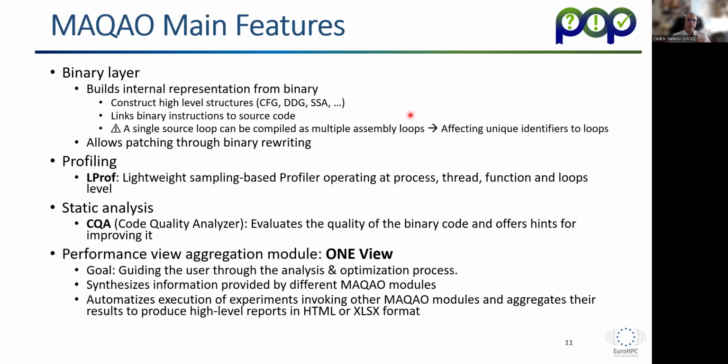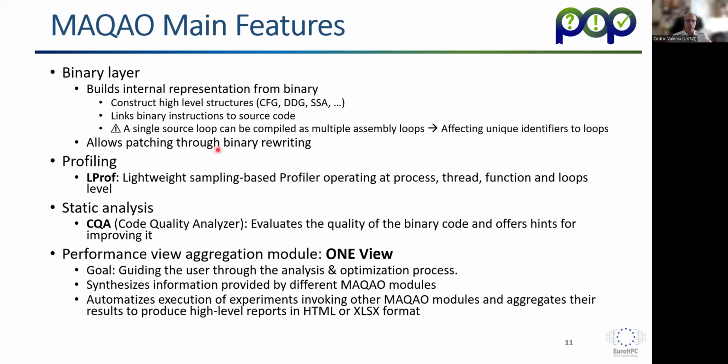One important point you will see in MAQAO reports: we identify loops with identifiers, because it is possible that a single loop in the source code can correspond to multiple loops in the binary code. For instance, if the compiler has performed some versioning or managed to vectorize it, but needs some small loops to load the vectors and unload them. So this is why we have a unique identifier assigned to loops, but we can also tie them to the original source code.